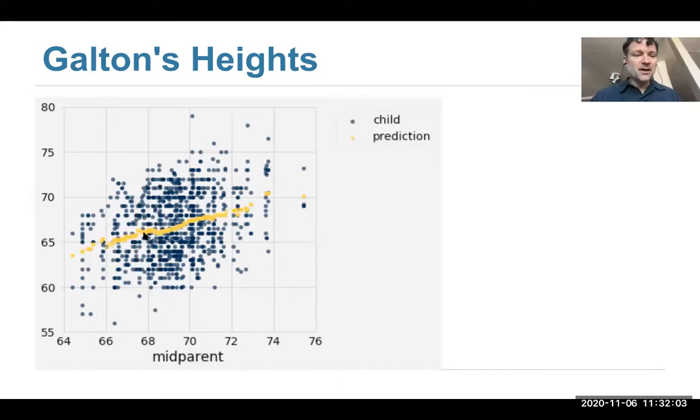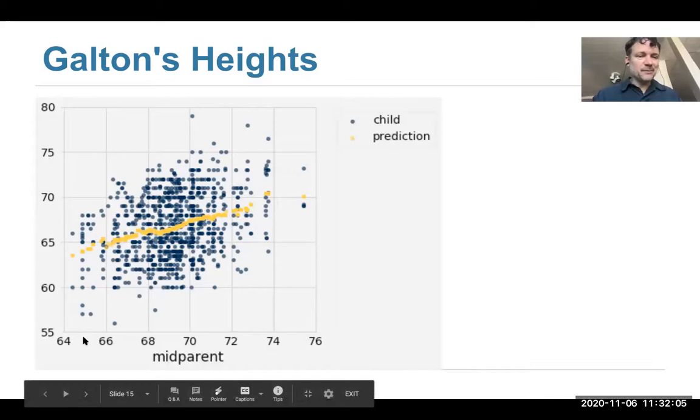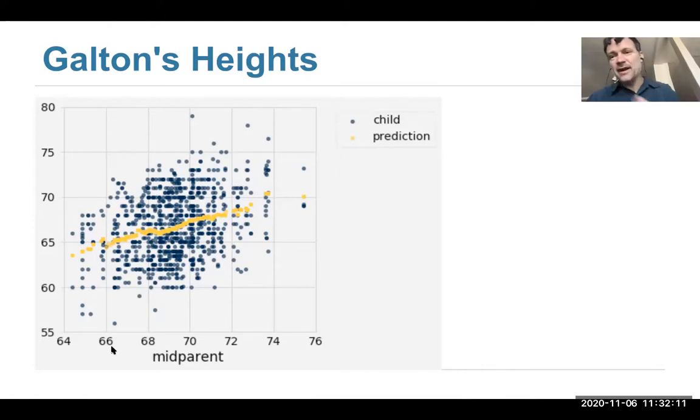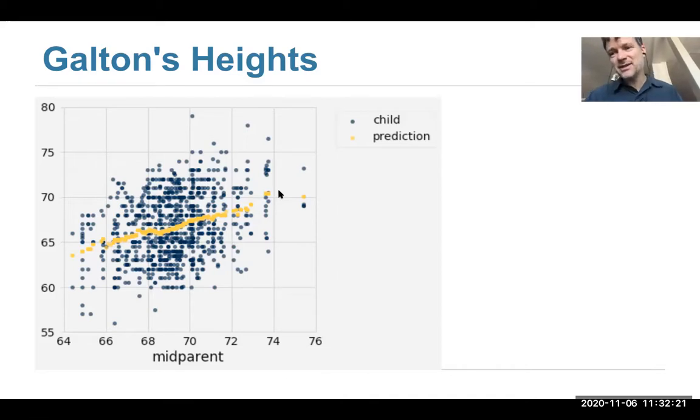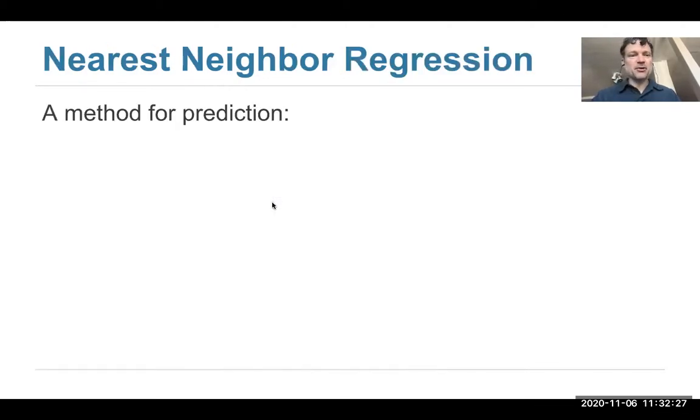If we do this for every mid-parent height, just scan left to right and draw a yellow dot for each, then we get this yellow shape here, which is kind of a curvy shape, and I'm going to call it a prediction line. It's not really a line. It's almost a straight line, but it's a little squiggly. So this is known as nearest neighbor regression.